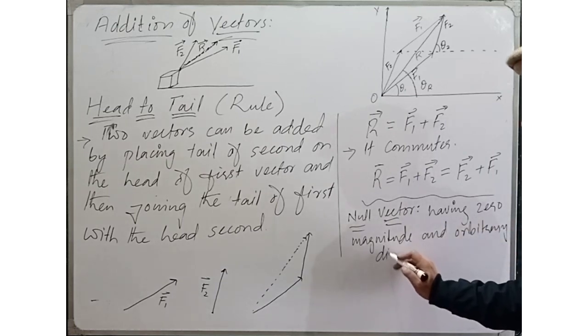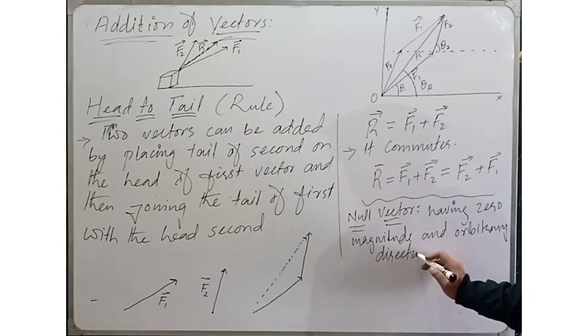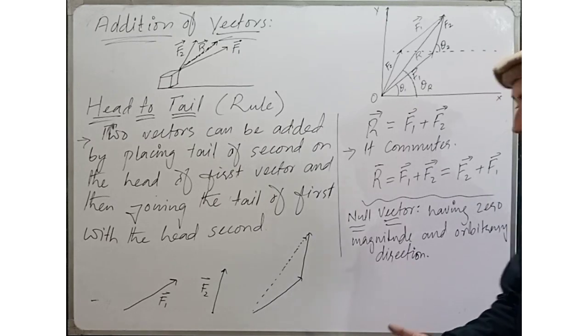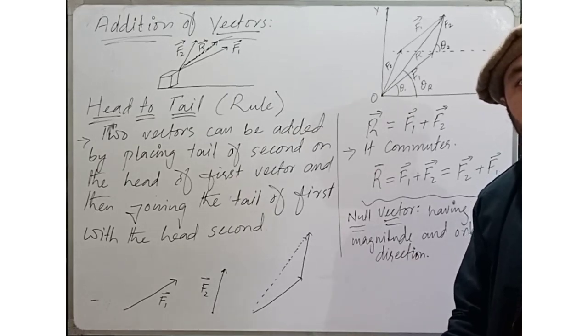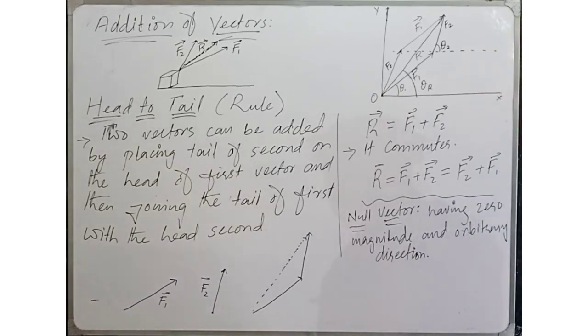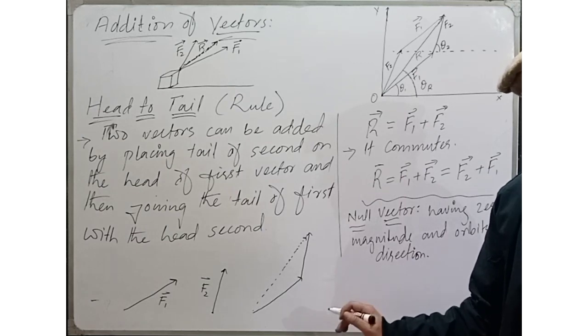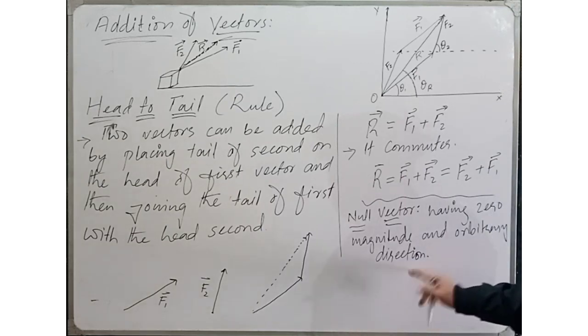If it has zero magnitude, why do we need such a vector? The reason is that most of the time, while operating on vectors, we get vectors which cancel one another, and at that time we have to avoid writing zero. So instead of zero we can use the null vector.